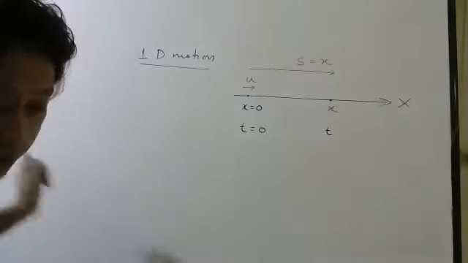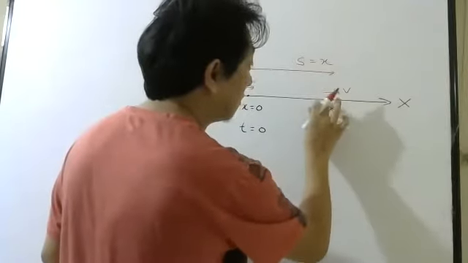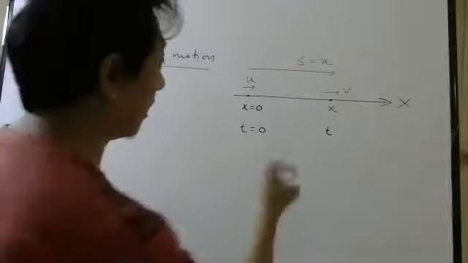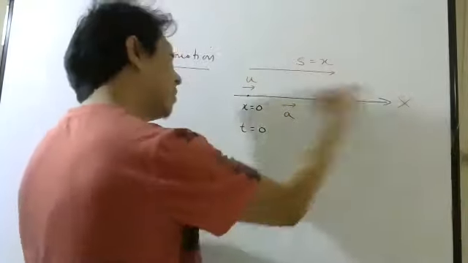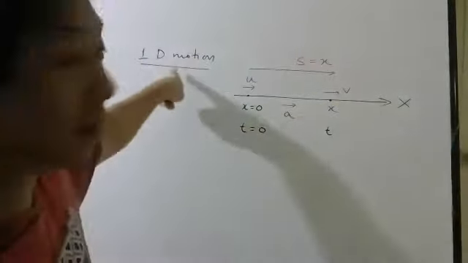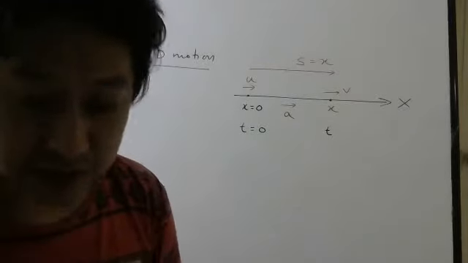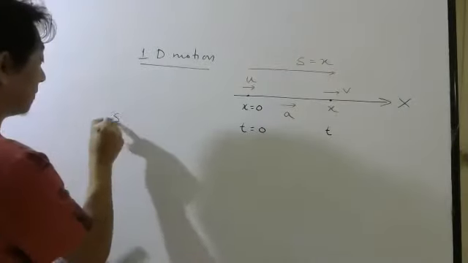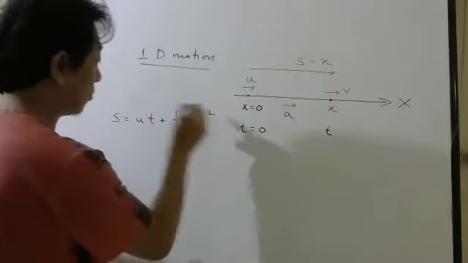And whatever velocity it has here, that will be the final velocity, v. And since velocity has changed, there may be some acceleration. It can be in this direction or in the other direction. It can be anywhere in this line because we are studying 1D motion. Then if acceleration is constant, how do we write displacement? ut plus half at square.